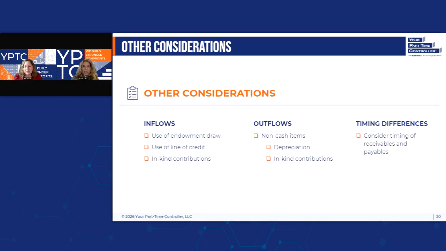On this slide, we're highlighting a few other key considerations to keep in mind when developing your budget. On the inflow side, consider items such as the use of an endowment draw and the use of a line of credit, both of which can support cash flow if needed. These don't function like regular operating revenue, so they deserve special attention.